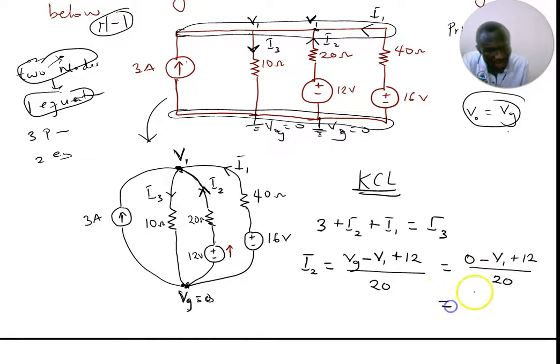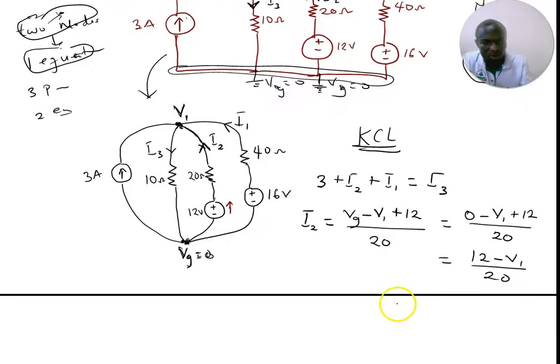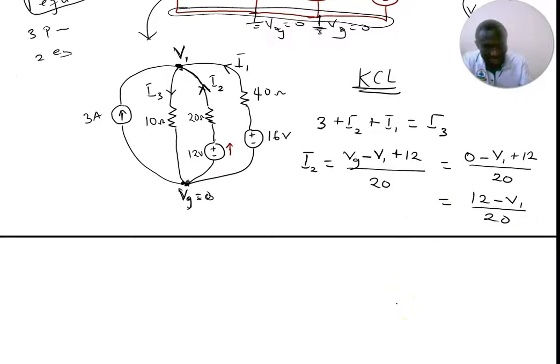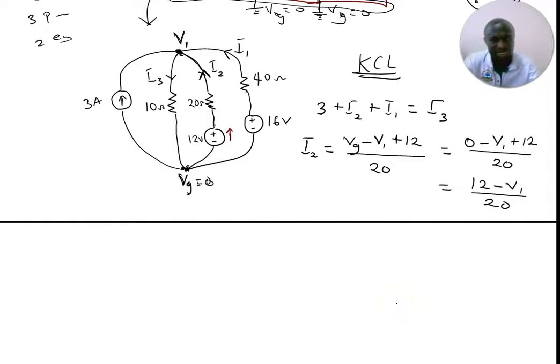So what is I1? I1 is simply going to be 12 minus V1 on 20. Do you get the concept? If you don't get the concept, please reverse the video, and I believe you are going to understand it. I've taken my time to explain how to write the current equation for each possible path. Okay, so let's try the path for I3.